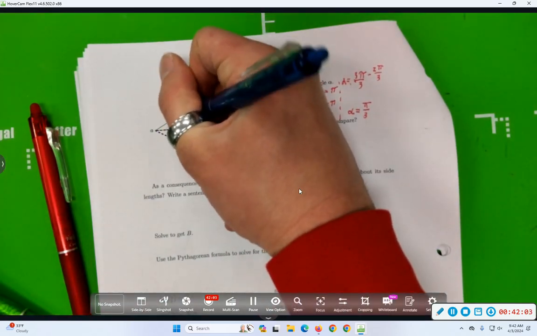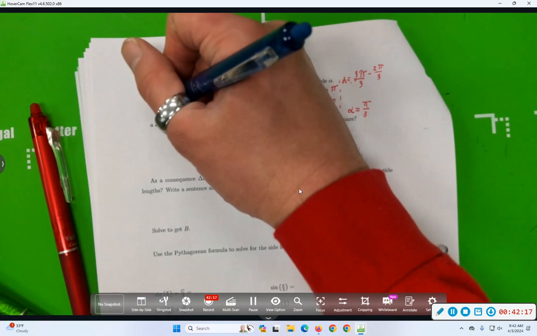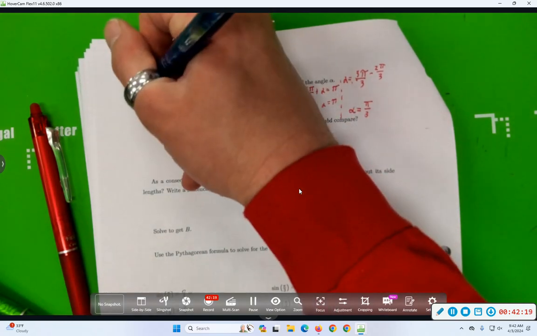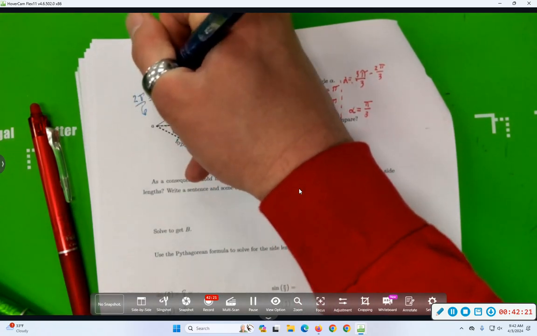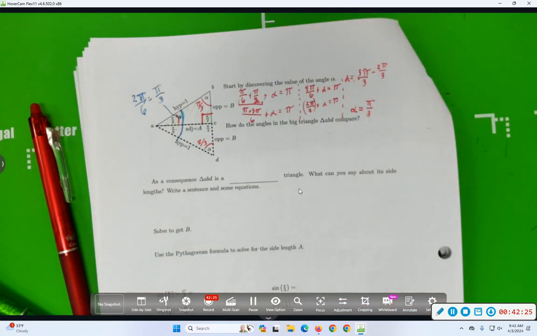So as a consequence, tell me what that big blue angle is that I just drew. 2 pi over 6, which simplifies to pi over 3. Right. 6 is even, 2 is even, so you can cancel a 2.